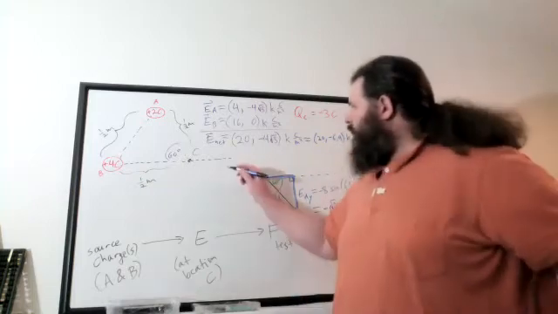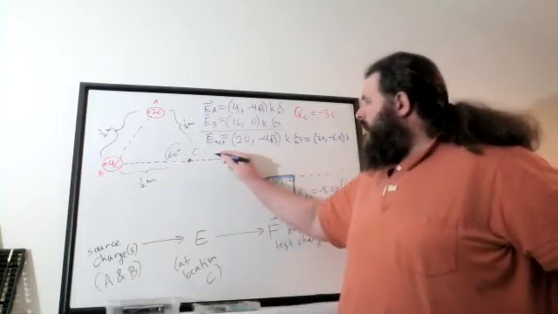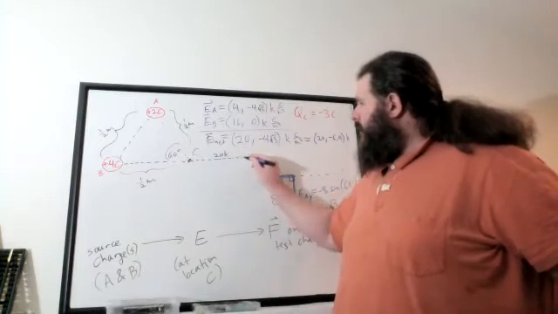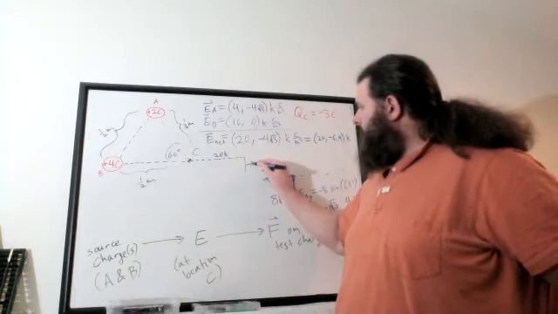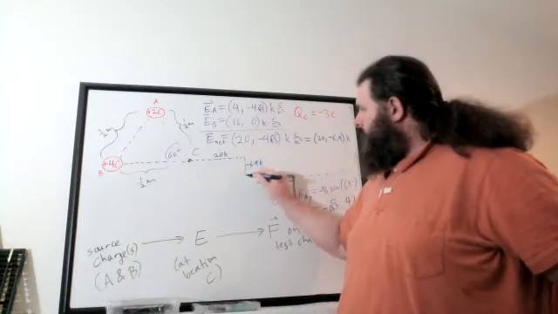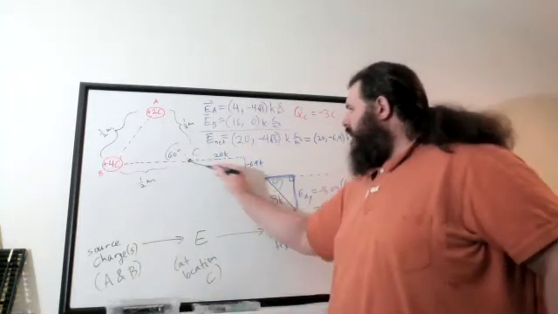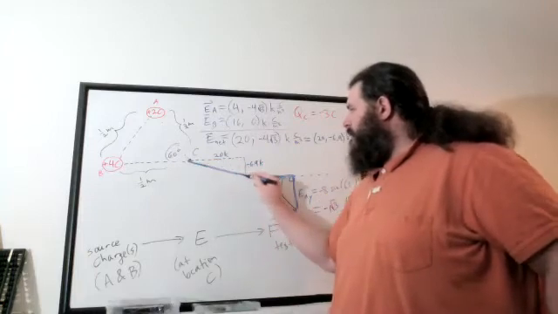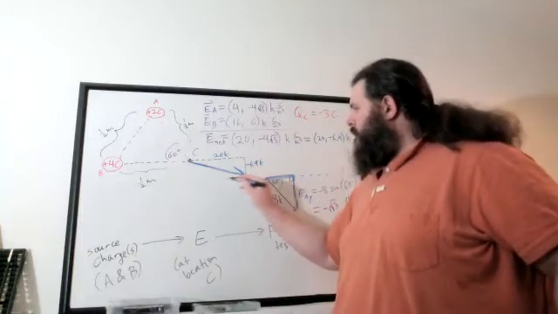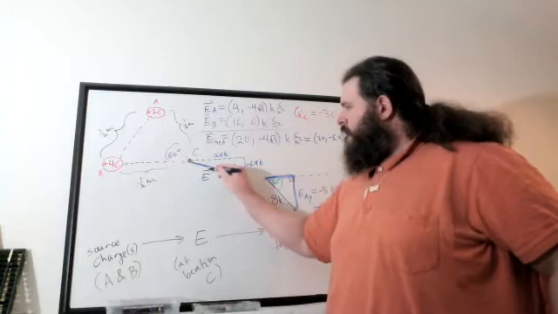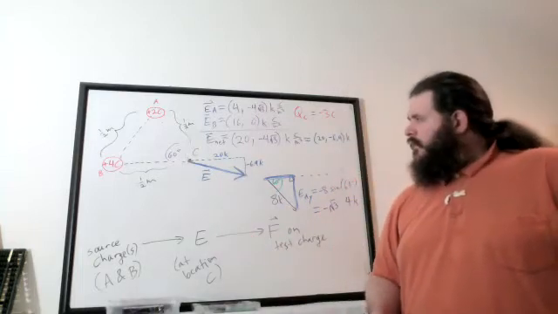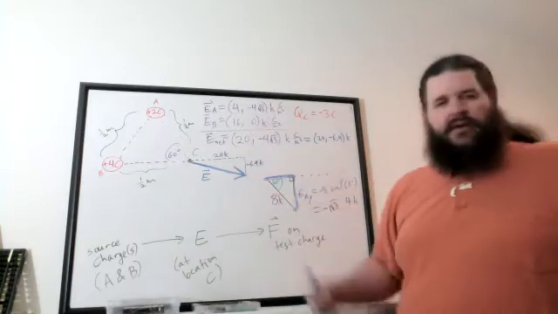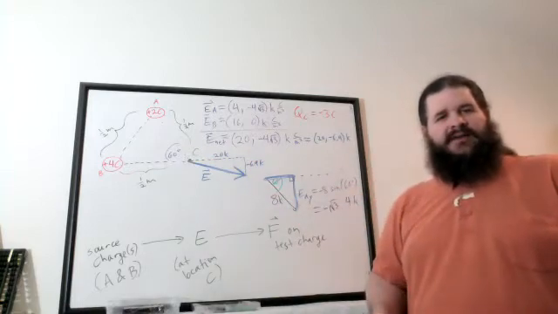So we've got about 20K, or exactly 20K, to the right, and about 6.9K downwards. So this is our actual electric field vector. That's the electric field at location C. Also, we've got X and Y components. It's also going to be useful to write that as magnitude and direction.